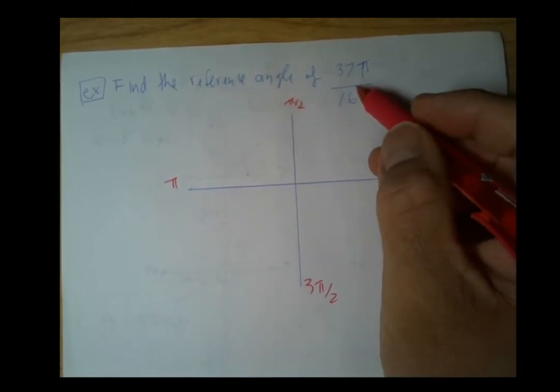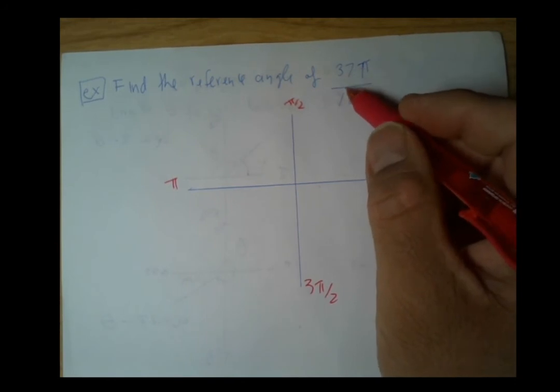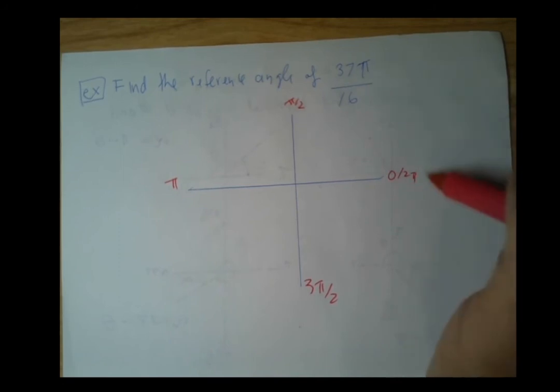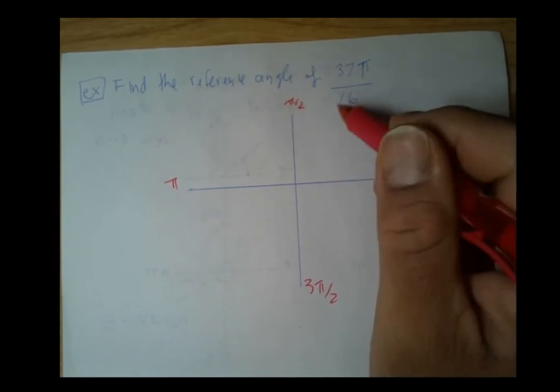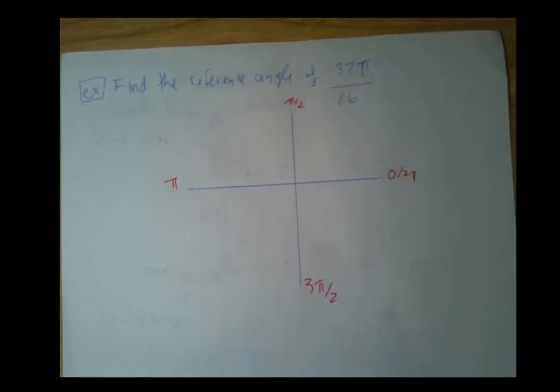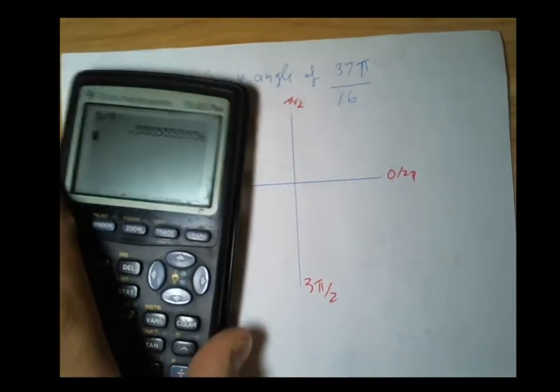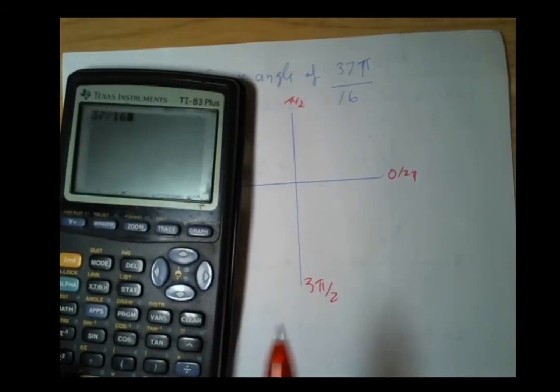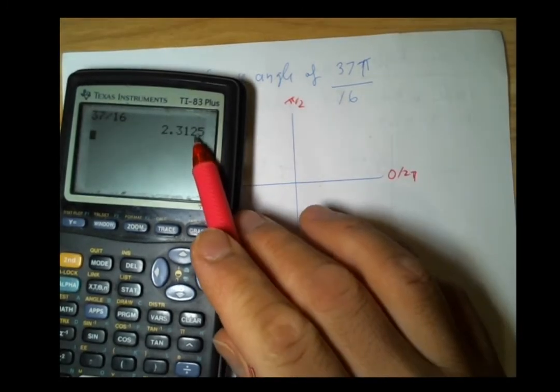Now, how do I know that? Well, 32 over 16 would be 2 pi. So I know 37 goes beyond that. But by how much? Again, a quick use of my calculator to help me out. So if I just look at the fraction, 37 over 16, that's 2.3.